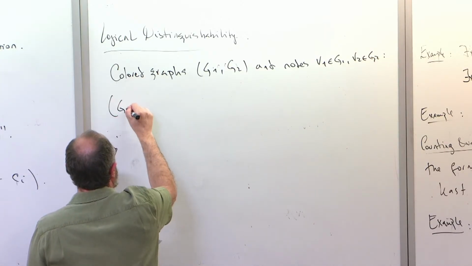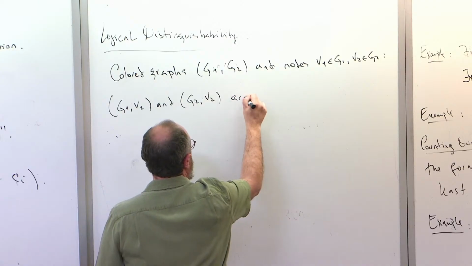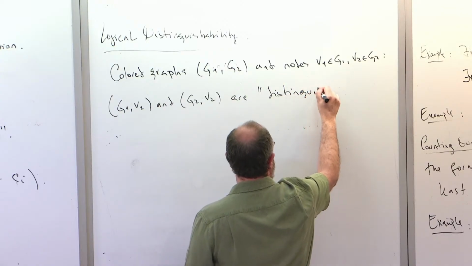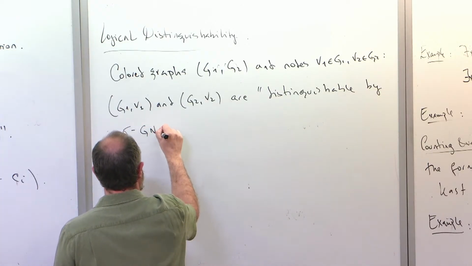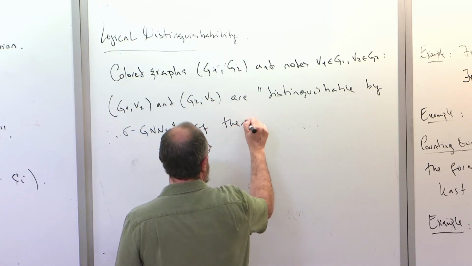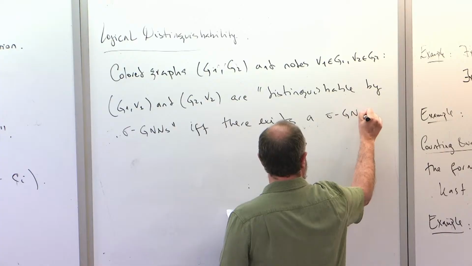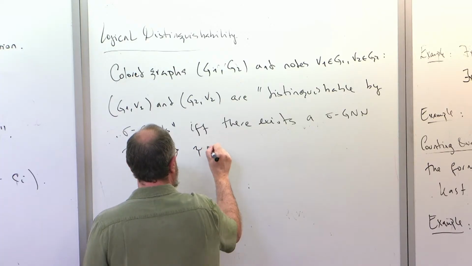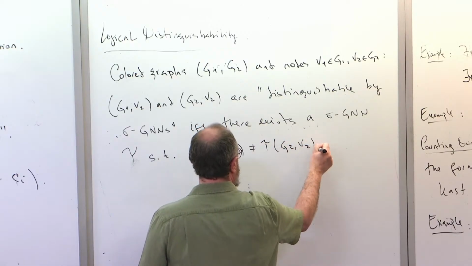And we're going to say that G1, B1, and G2, B2 are distinguishable by sigma GNNs if and only if there exists a sigma GNN tau such that tau of G1, B1 is different from tau of G2, B2.